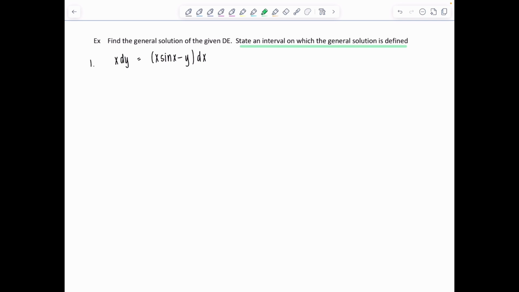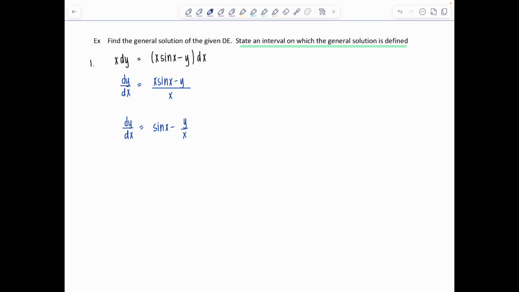Let's see if we can put it in standard form. Let me divide by dx on both sides first, and then also divide by x. I think we can handle doing both, yeah? So dy dx equals x sine x minus y over x. And then, okay, this is looking good. So I have dy dx equals sine of x minus y over x.